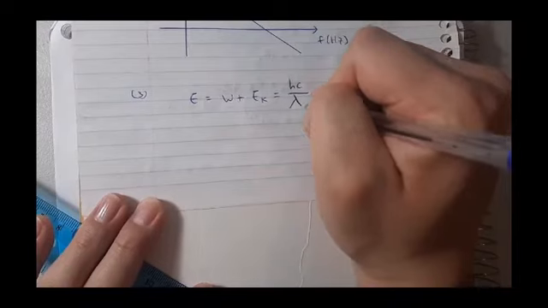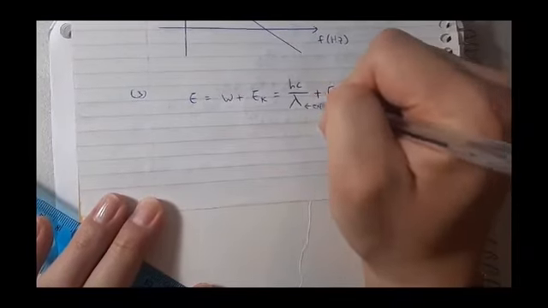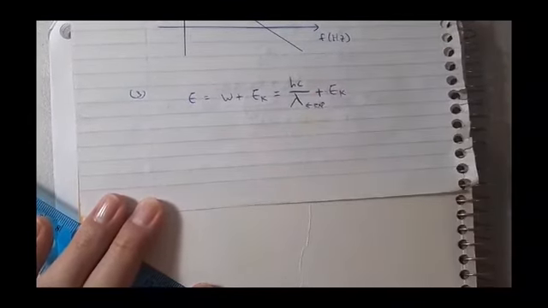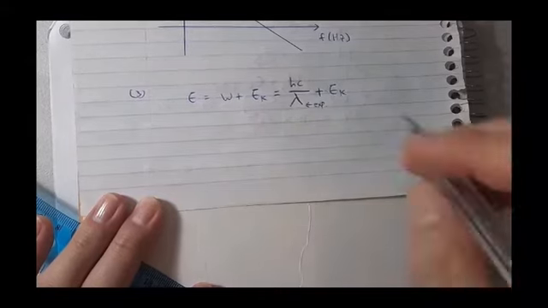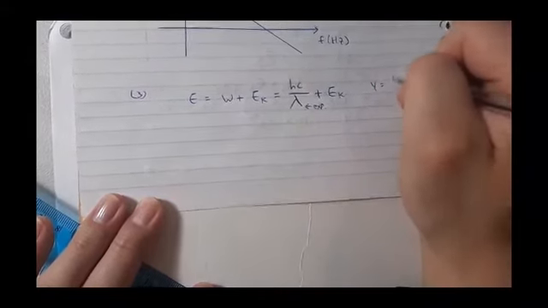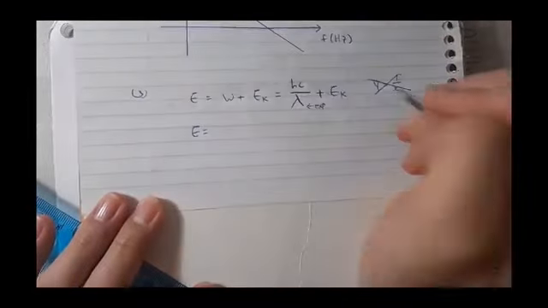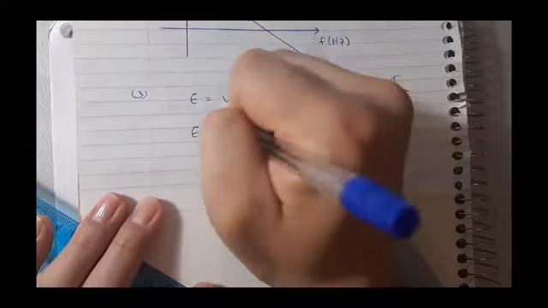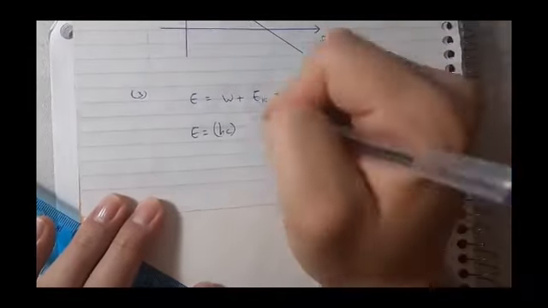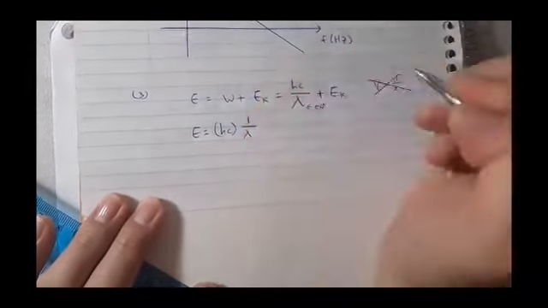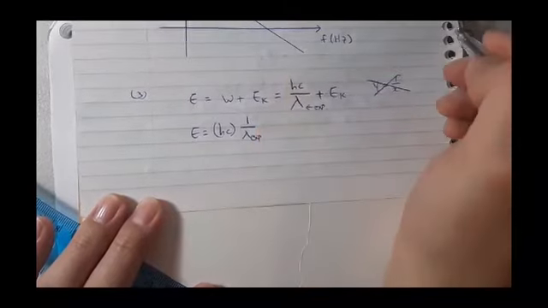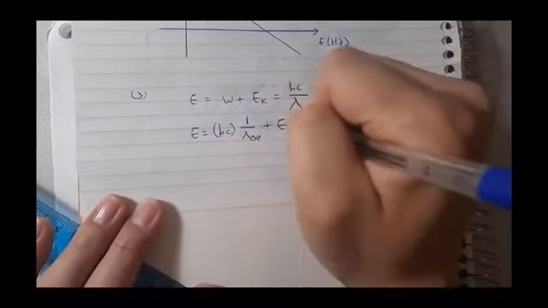Then you need to understand that this is my experimental lambda value. As soon as you see it, some people try to go, oh, Mr. Kim, this is one of those 1 over x situations. Please don't go there. Rather, we can separate in this way. E is equal to hc as my slope, and you have 1 over lambda experiment value like this plus EK.